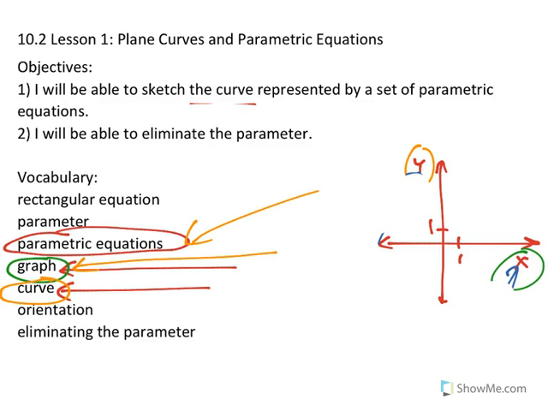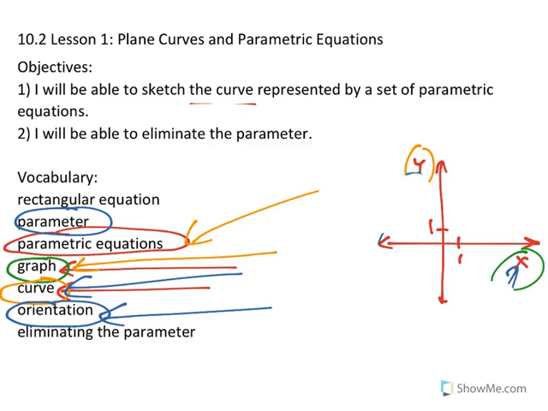And with the set of parametric equations, you'll have additional information about the object's movement, such as the location of the object at a particular time, if the parameter t represents time. There's also orientation. So if you have a curve, you also know the direction in which the curve is being traced. That is called the orientation, the direction in which the curve is being traced.